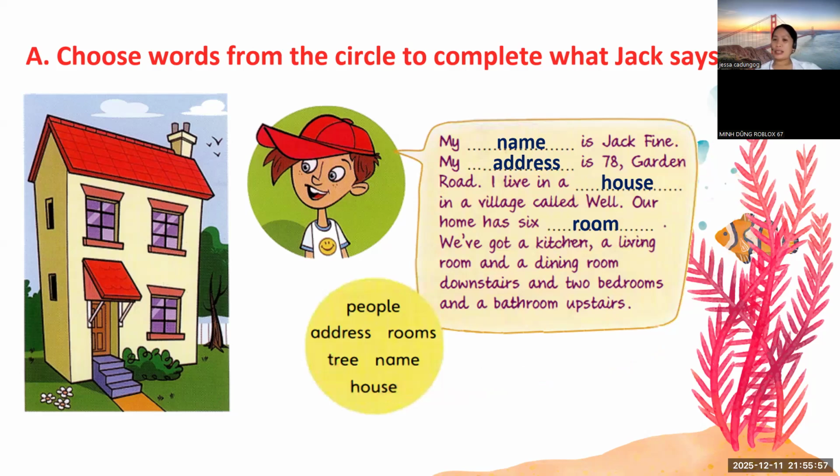Go. My name is Jack Fine. My address is 17A Garden Road. I live in a house in a village called Well. Your home has a room. We got a kitchen, a living room, and a dining room downstairs. Dining, not dining. It's dining room.